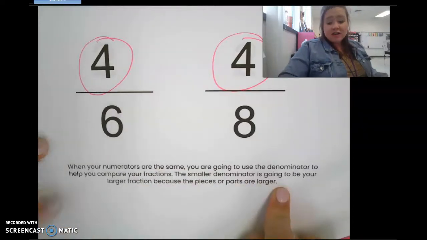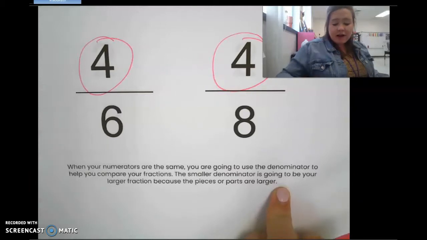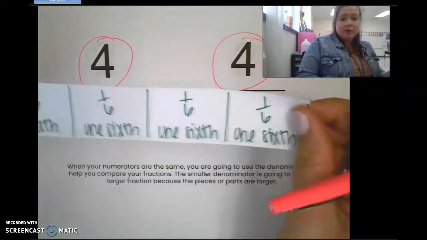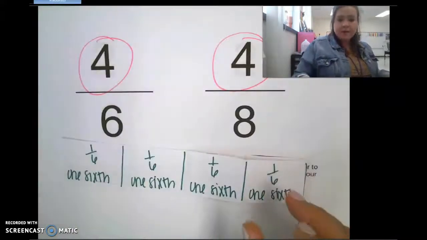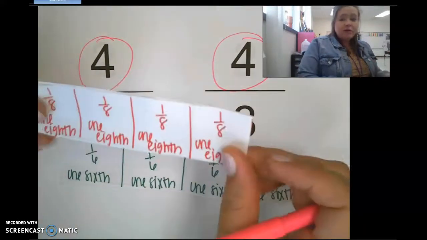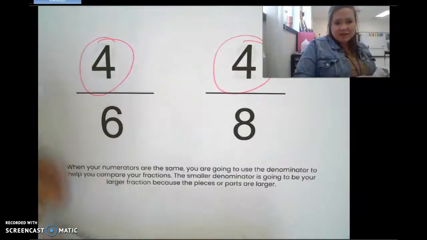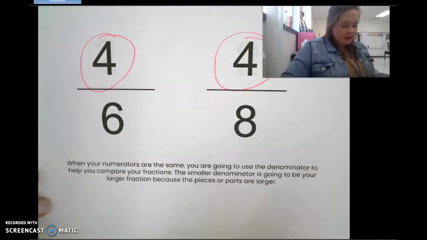And if you're not sure, you also have your fraction strips that you can be using, okay? So if you're not sure, get out your fraction strips and build this model. I'm going to build 4/6 and I'm going to build 4/8. But before I do that, I'm going to compare them without using my fraction strips to see what we remember.